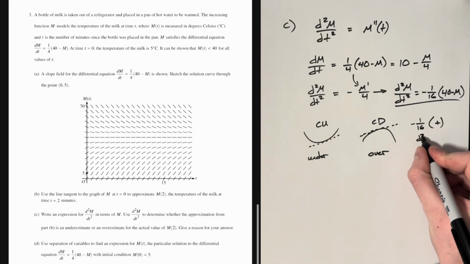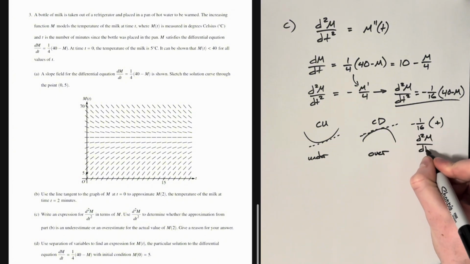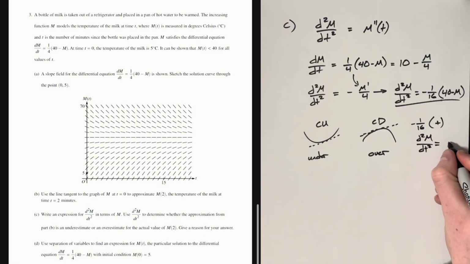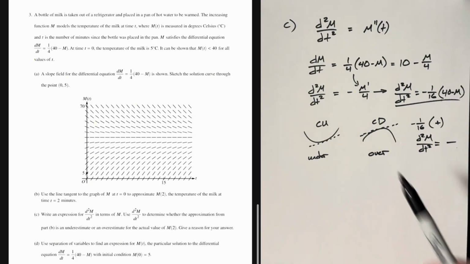So d squared m dt squared is some negative value, right? And because it is always negative, our function is concave down, and therefore our approximation is an over approximation for the value of m of 2, which we got was 45 over 2. The actual answer is something less than that.